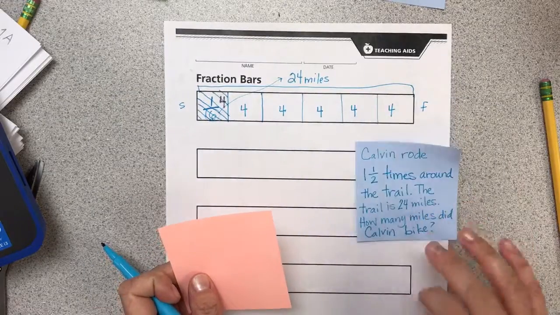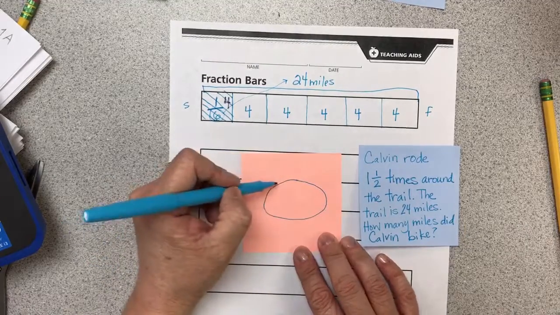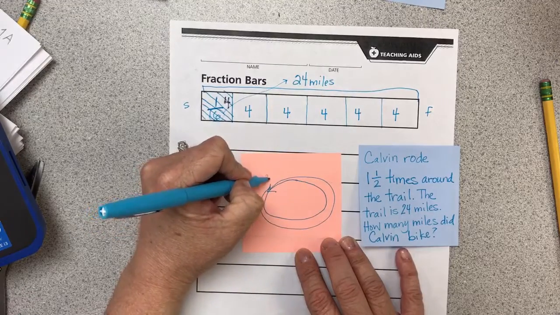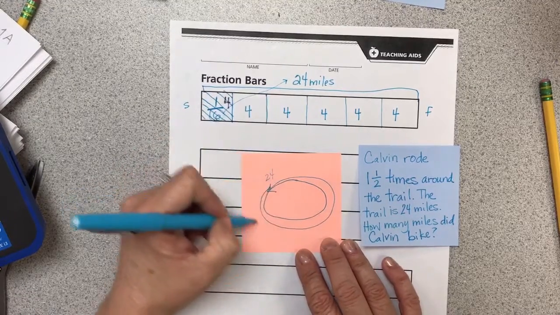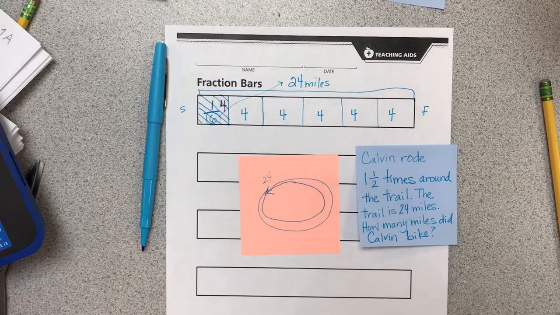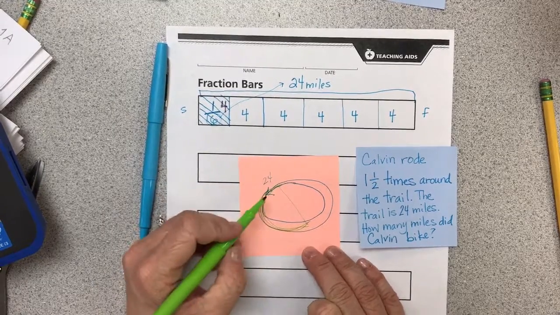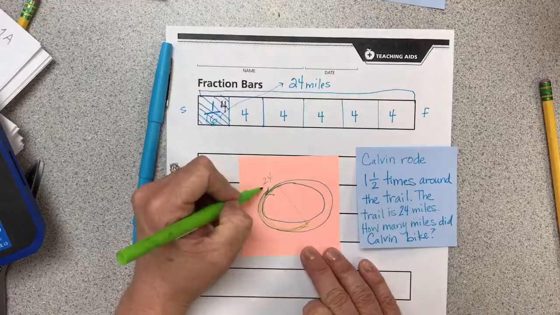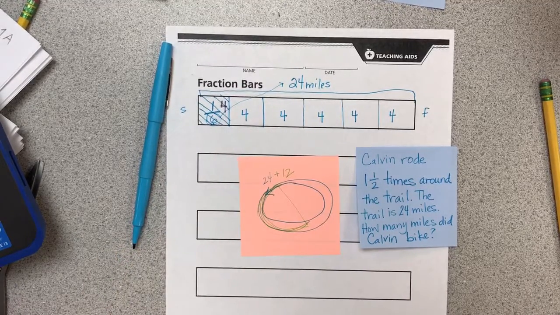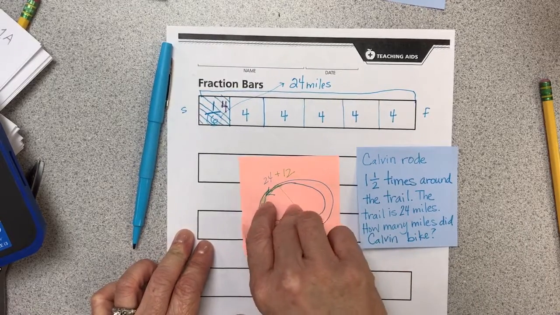If this is the trail, and one time around it equals 24 miles, well, he rode one time and then half. So half of 24, you probably guessed, is 12. So one time would be 24 and half would be 12, right? Let's see how we represent that on a fraction bar.